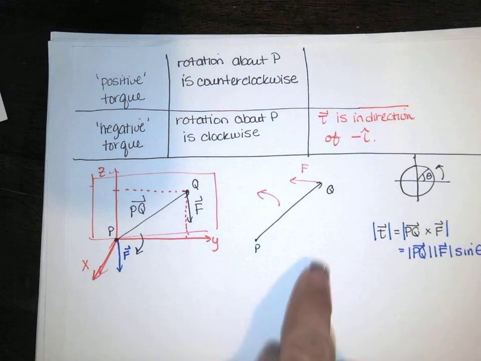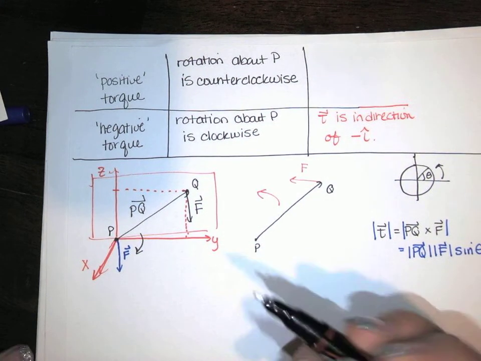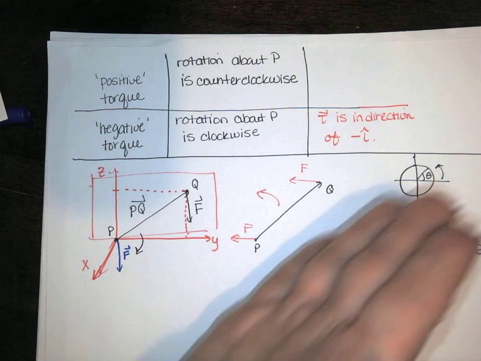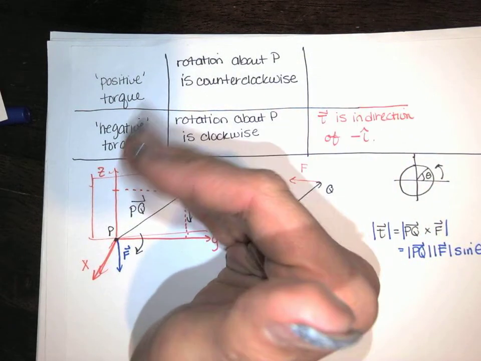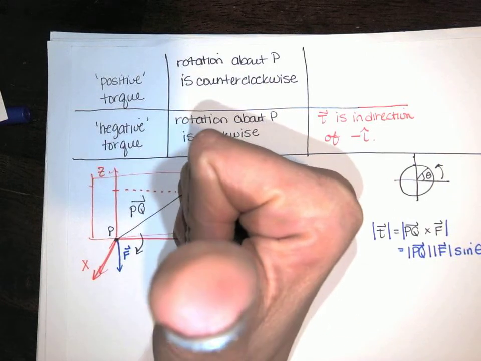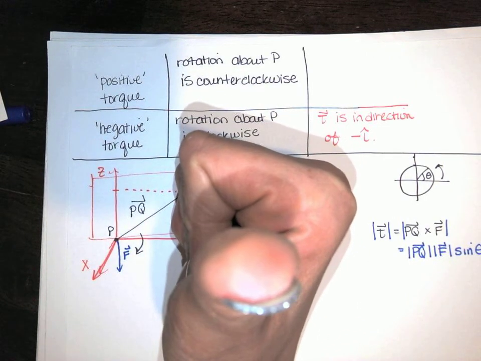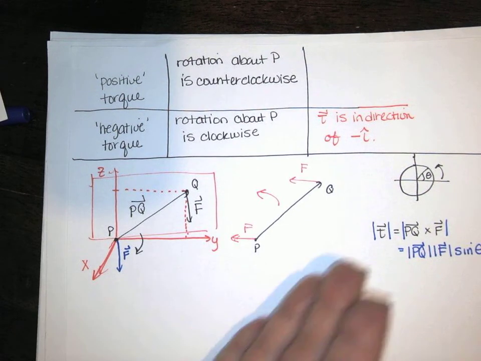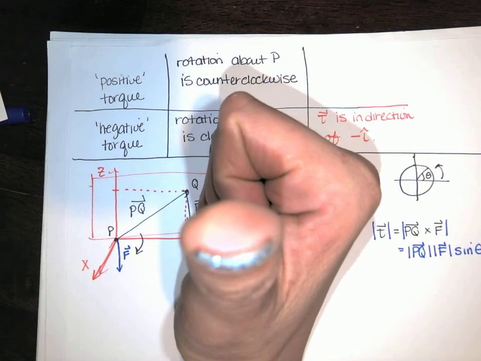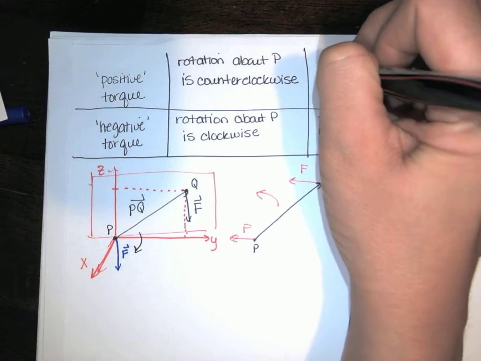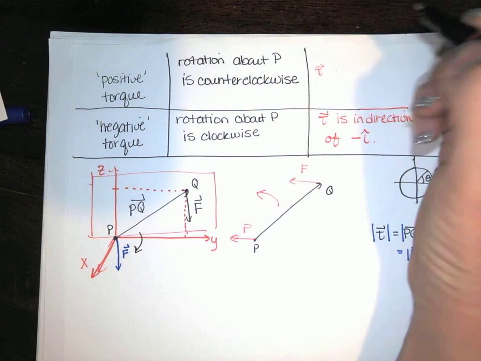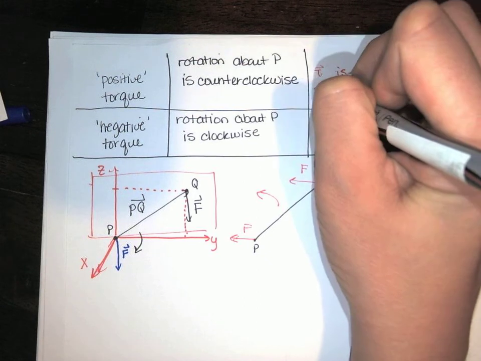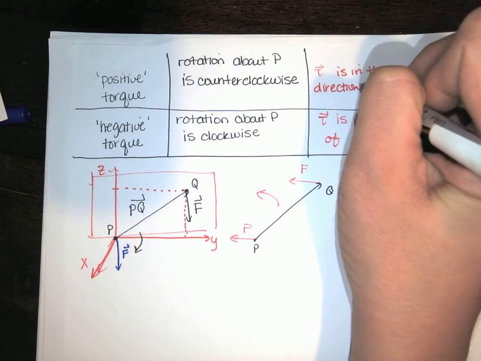And if our tendency was to rotate the other way, so if that was our force instead, so here's PQ, I wrap my fingers toward F using the right-hand rule, my thumb is pointing out, and that is a counterclockwise rotation. So when it's a counterclockwise rotation, my thumb is pointing out, that means my torque vector is in the direction of positive i hat in that case.